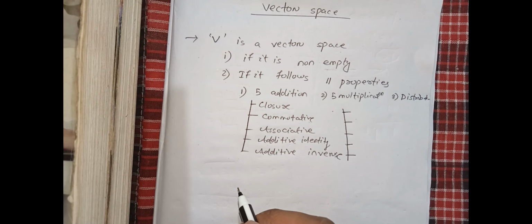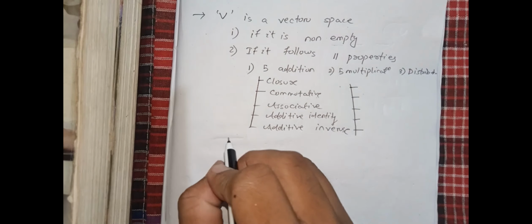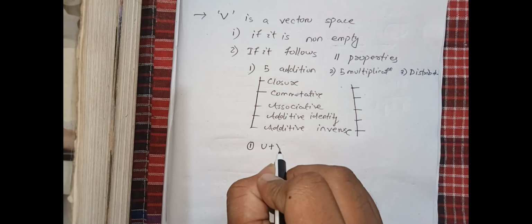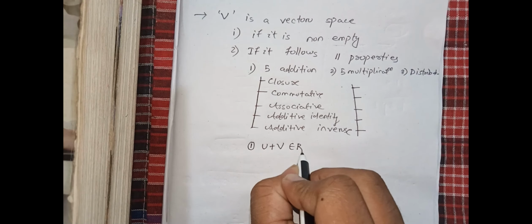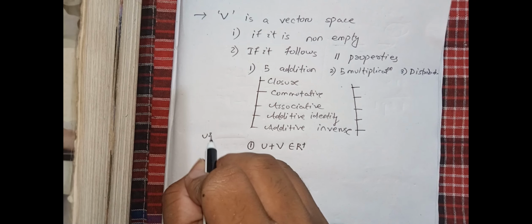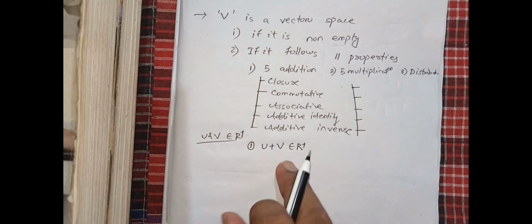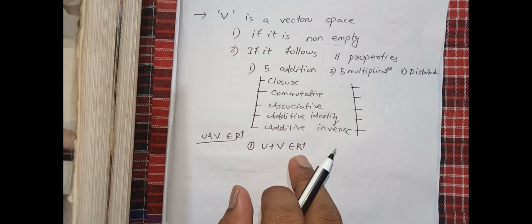You have to show that if U and V are two vectors, if you are taking U plus V, that will also belong to R. Let U and V belong to R plus, then you have to prove that U plus V also belongs to R plus. This is the closure property.